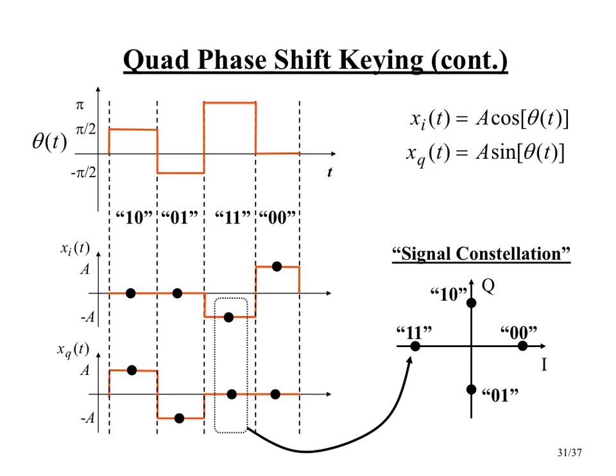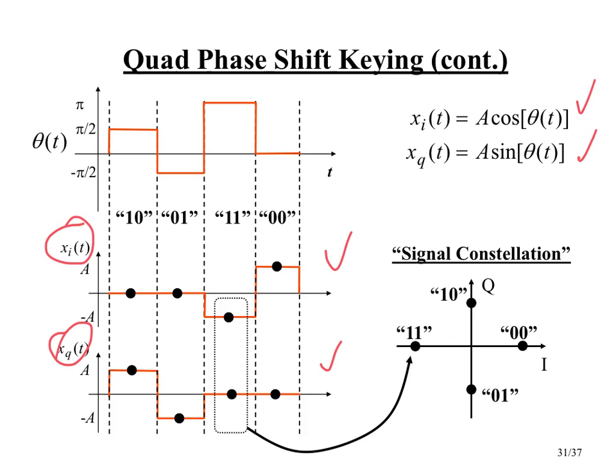And if we figure out what our in-phase and quadrature terms look like, using these formulas, we get an xi of t that looks like this, and an xq of t that looks like this. Now we see that both terms are flip-flopping between plus A and minus A. This isn't exactly how we decode or detect these, but it illuminates the idea.